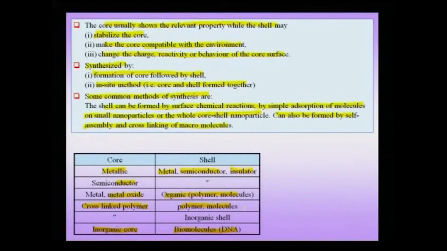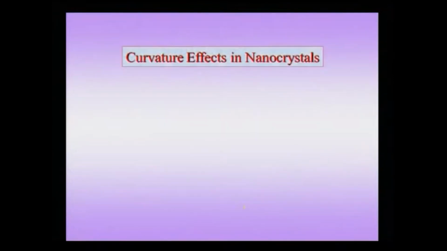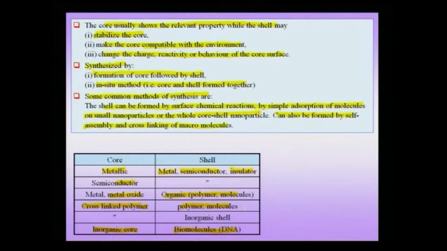And since I have a gamut of possibilities, not only of the core particle that I can choose but also the shell, there are a lot of interesting properties and explorations going on, wherein they explore a wide variety of cores and shells to impart very special properties. We will take up some examples of these core shells and the properties arising from them when we especially talk about optical properties and magnetic properties.